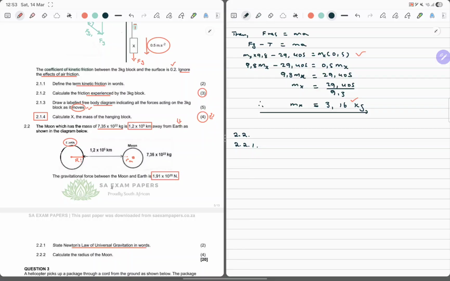We can just say the gravitational force of attraction between any two particles in the universe is directly proportional to the product of the masses of the spheres and inversely proportional to the square of the distance between them. Or you can say every particle in the universe exerts a gravitational force of attraction on every other.